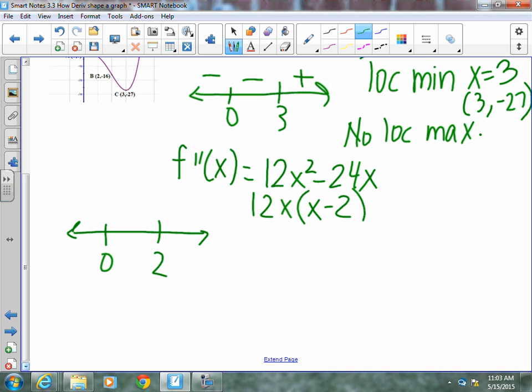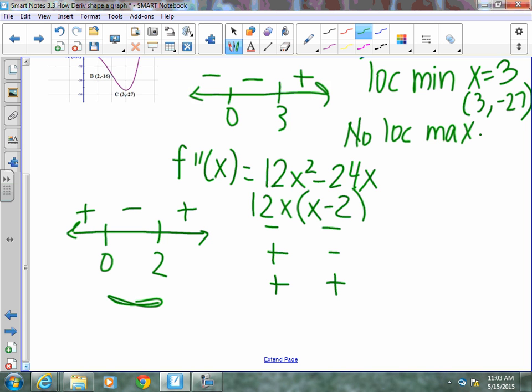If we plug a negative number into 12x times x minus 2, we get a negative times a negative, which is a positive. If we plug in a 1 between 0 and 2, we get a positive times a negative, which is a negative. And if we plug in a 3, we get a positive times a positive, which gives us a positive.